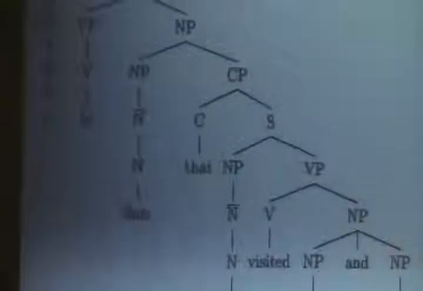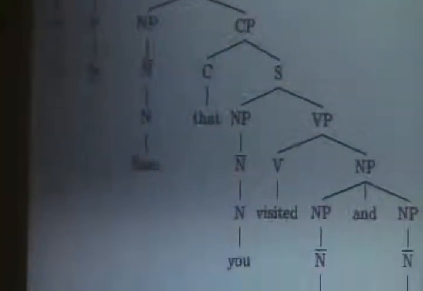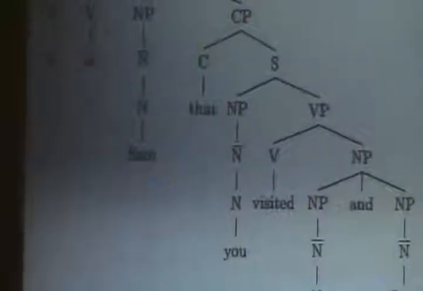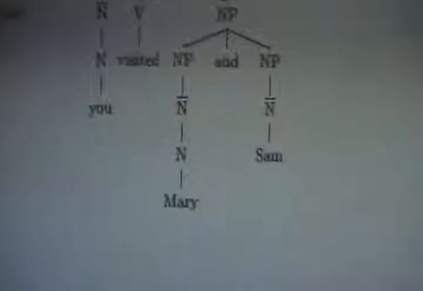So let's look at one of these examples. This is the sentence, "It is Sam that you..." There's too many Sams here. So "it is that you visited Mary and Sam" goes to "it is Sam that you visited Mary and."